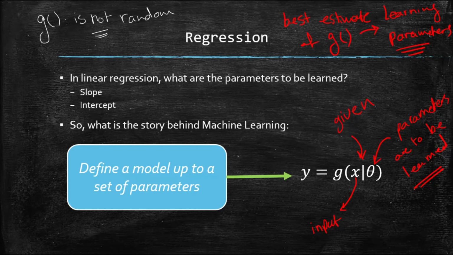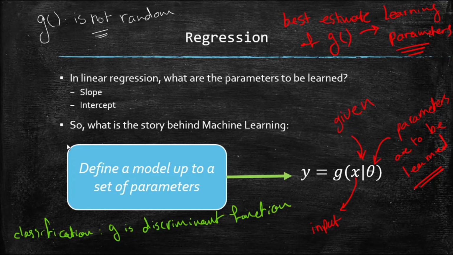So let me just write it here. In terms of classification, G is the discriminant function.